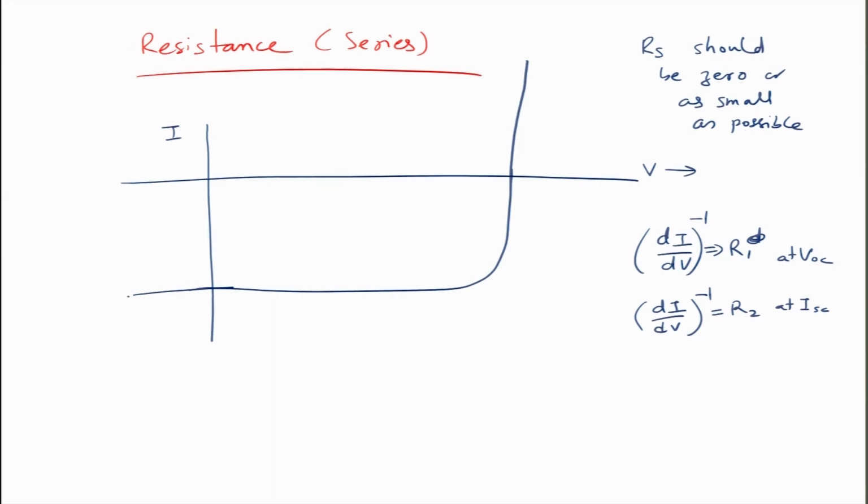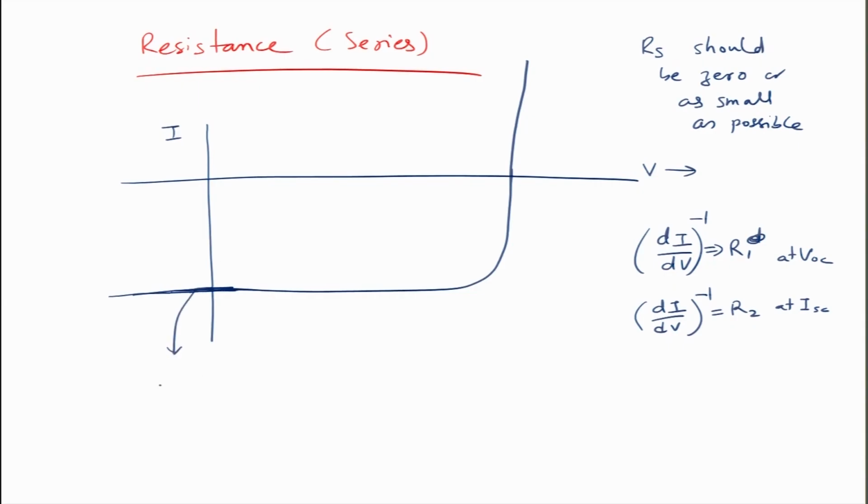which means the current should be nearly flat at ISC and voltage variation should be nearly vertical at VOC. So, if you look at the slope at this point, what is dI/dV at this point? dI/dV is equal to 0 at this point.